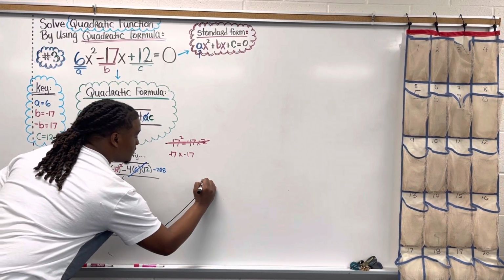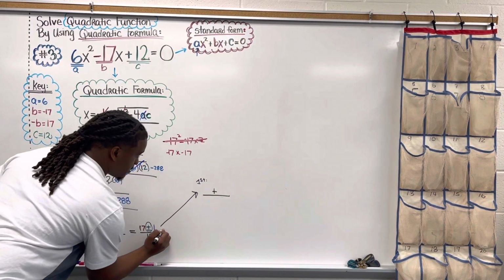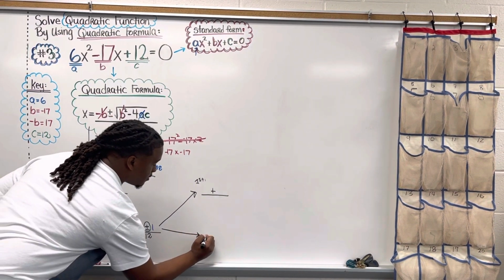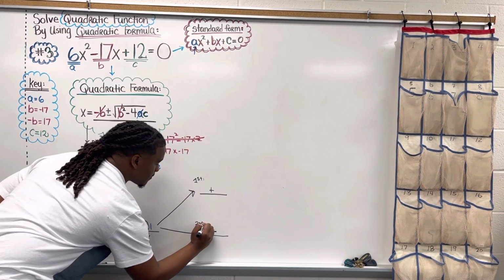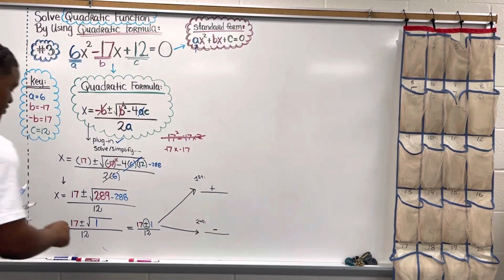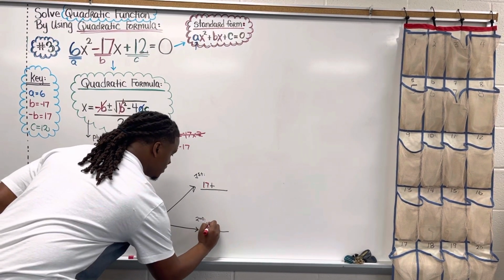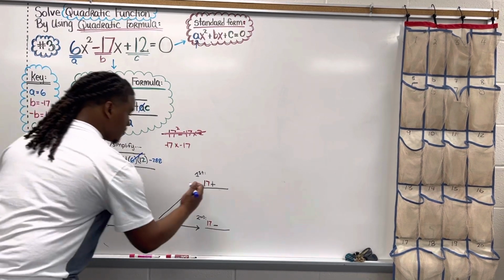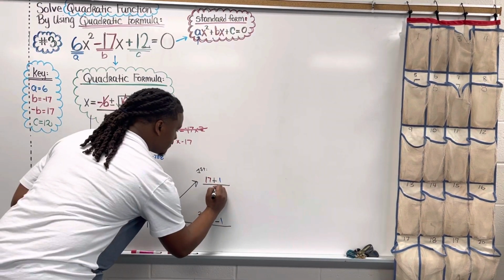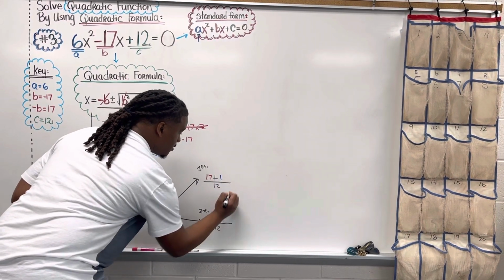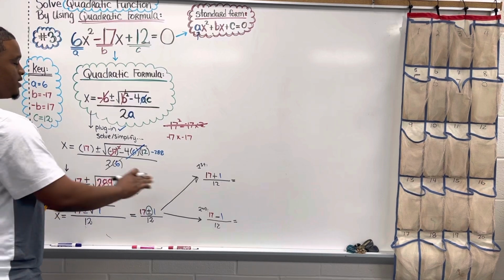So this is the first one, plus, and then of course the second one, subtract. And all we're going to do is just fill in 17, 1, 1, and then all over 12. Simple. And that's what X is going to be, these 2 particular values.